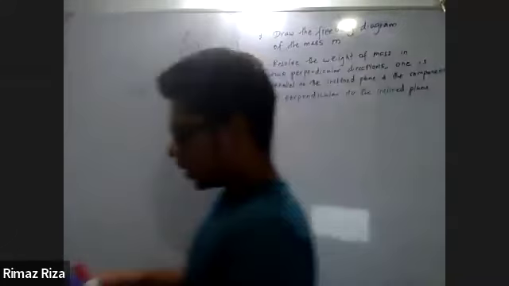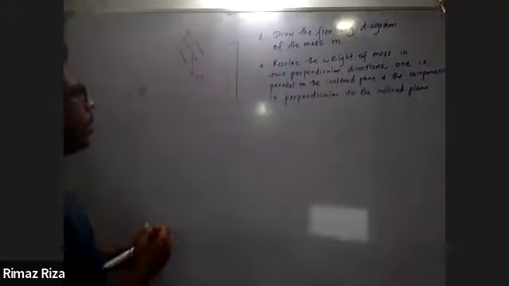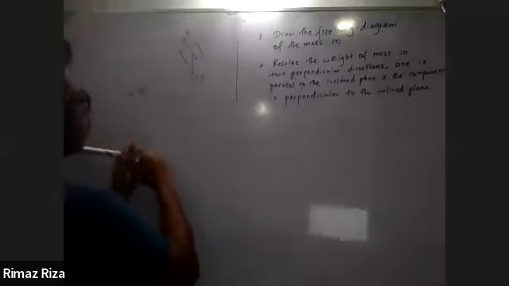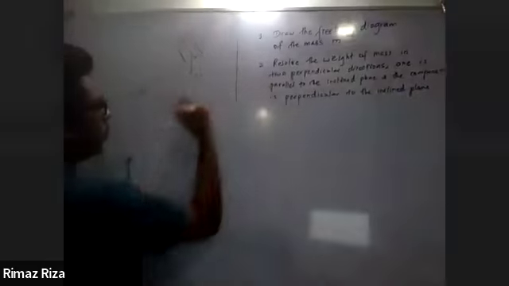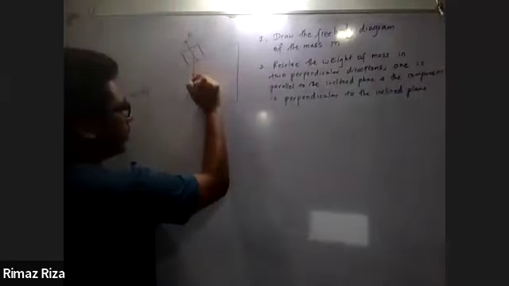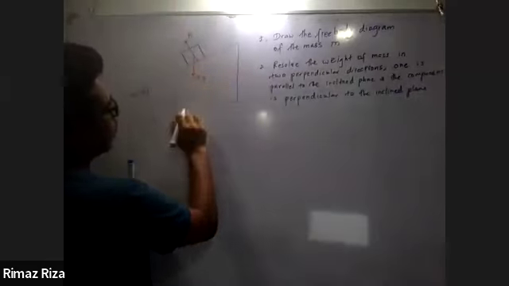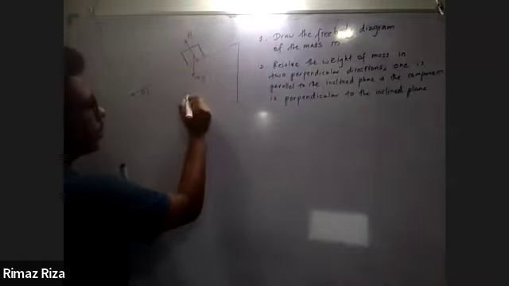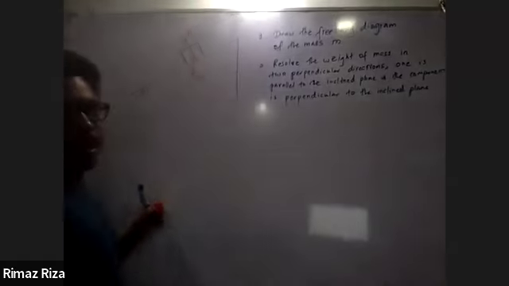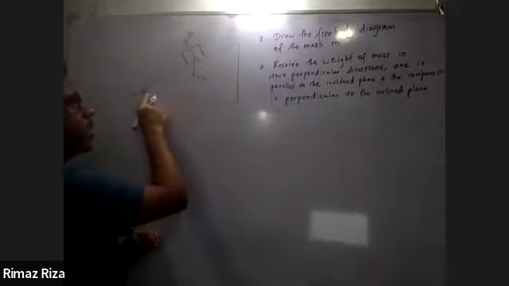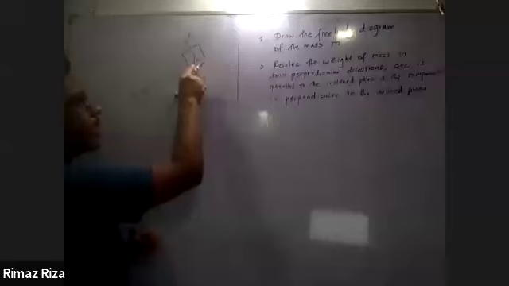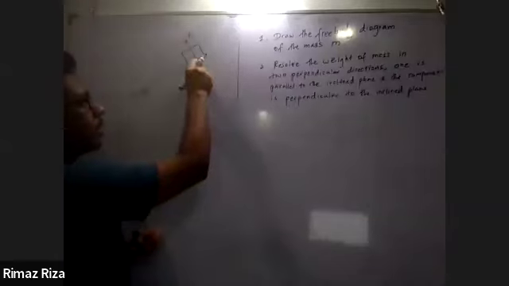Okay. So here now, we know the weight acts vertically downward, right? So if I extend this line, here this is horizontal, therefore this angle will be 90 degrees because weight always acts vertically downwards. So if this angle is theta, then this angle will be 90 minus theta.